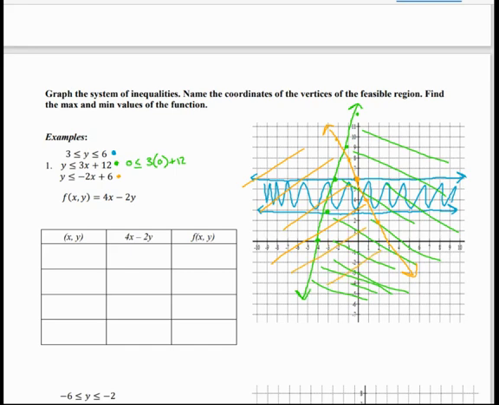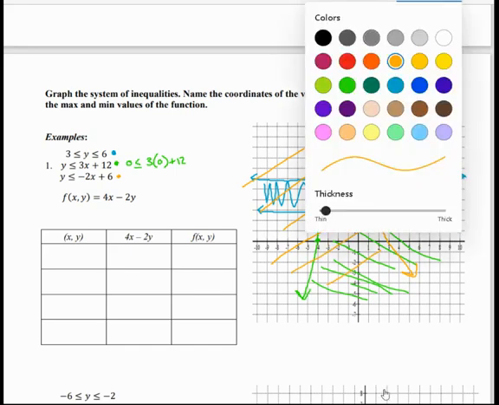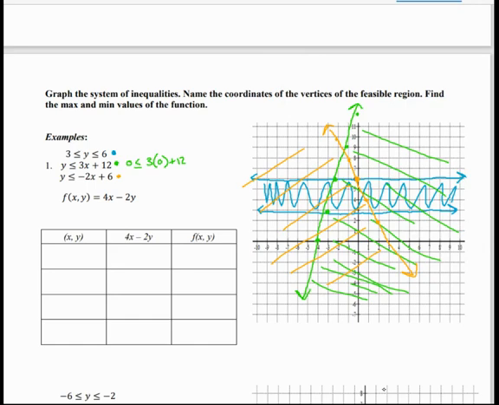So now I want to darken in that overlapped region. So that overlapped region is this trapezoid. And what's really important to determine of that overlapped region now are what the vertices are. So I'm going to darken those in.